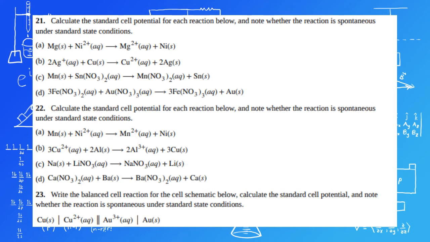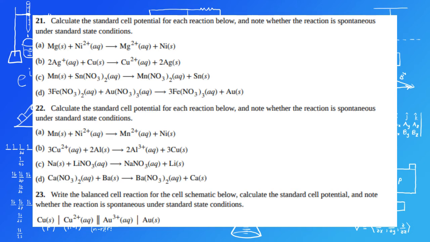For example, copper ion, you could have it partially reduced if it's the copper 2 ion. You could have it partially reduced from copper 2 to copper 1, or you could have it completely reduced from copper 2 to solid copper. So you have to look up the correct half cell potential based on what the change in the oxidation state really is.